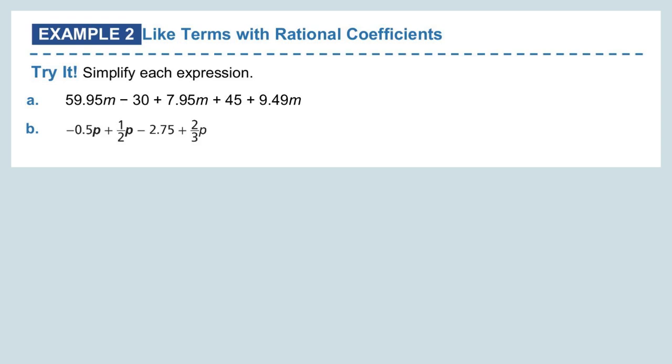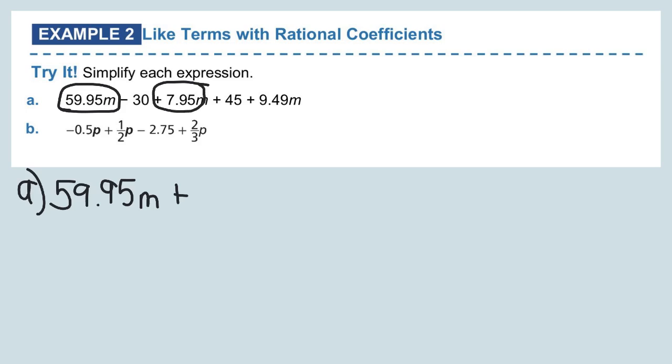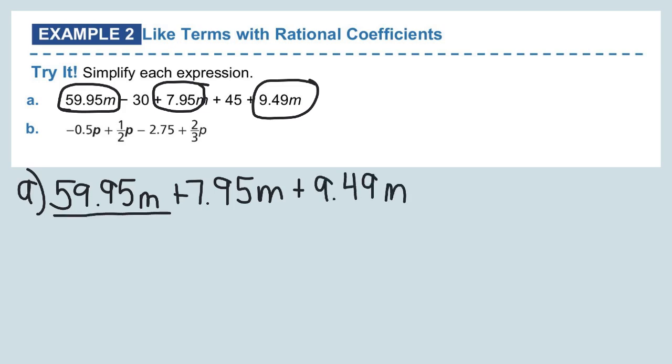All right, so let's try A down here. I'm going to count up my M's. So I have 59 and 95/100 and 7 and 95/100 and 9 and 49/100. I'm going to add those all together and I will end up with 77 and 39/100 M. But I didn't just have M's.